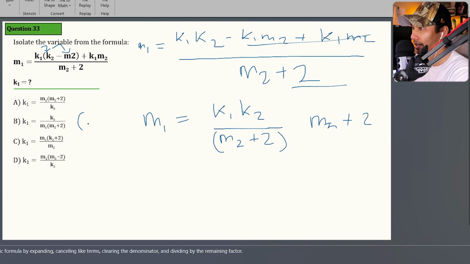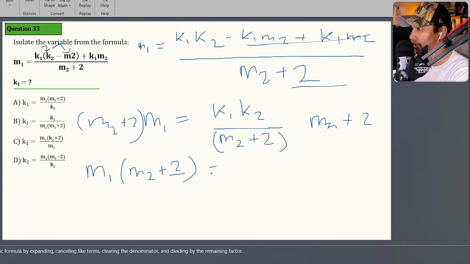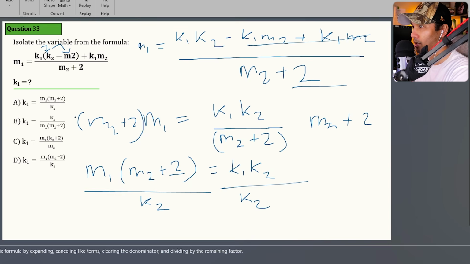And we're going to get m1 times m2 plus 2, underline that, equals k1 k2. And then we're just going to divide everything by k2, giving us m1. So it's m1 times m2 plus 2 over k2.